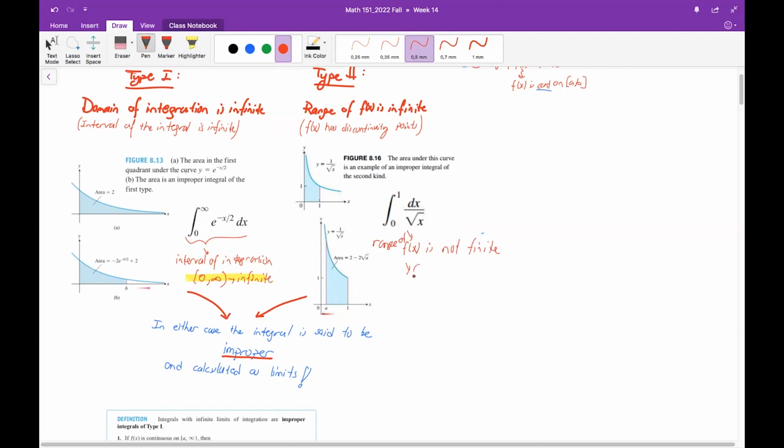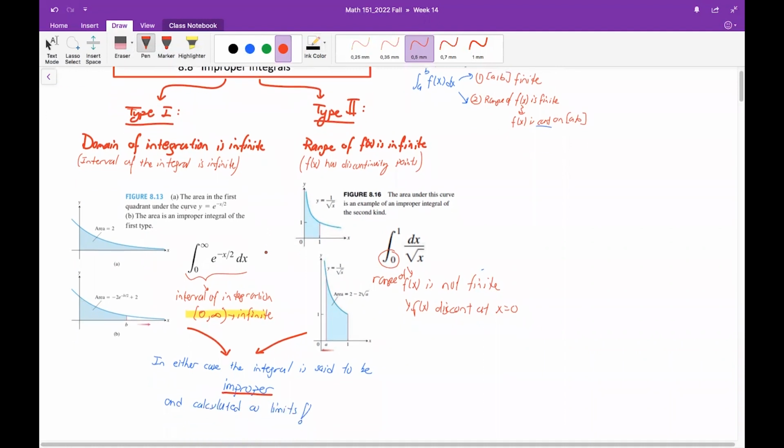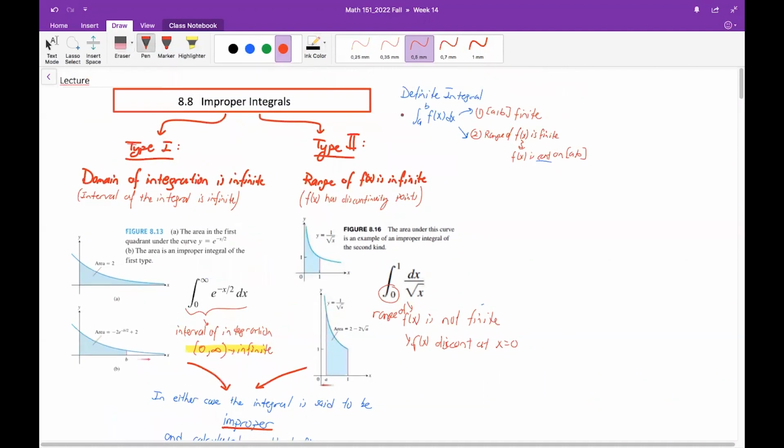In other words, f of x has a discontinuity point, is discontinuous at x equals 0, where 0 is one of the endpoints of your interval. That's why the second condition is not satisfied in the second example. So the integrals in these two examples cannot be treated as normal definite integrals because there are problems with these two conditions.